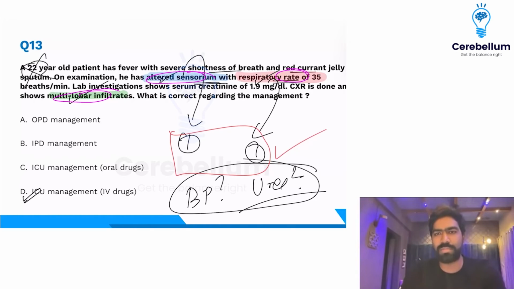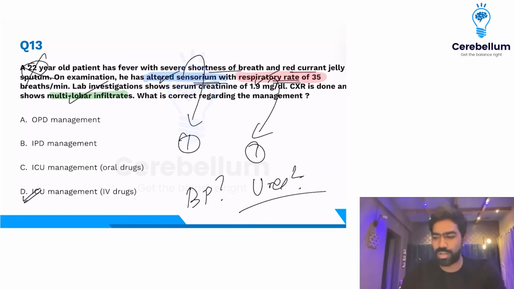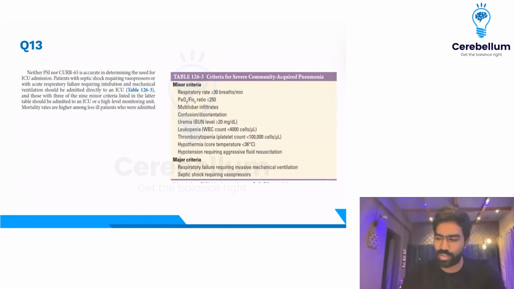Plus, this is based on certain things. This is from Harrison actually. I told you yesterday, whatever I speak will be from Harrison or some common textbook or some article. That's it, nothing else. Harrison clearly states that neither PSI nor CURB-65 is accurate in determining ICU admission. So accordingly, we have to follow the IDSA criteria.